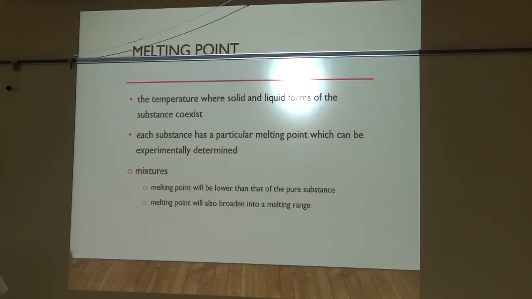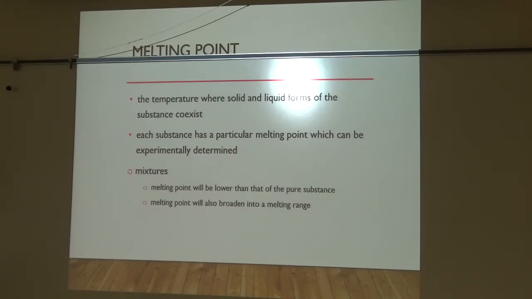As it turns out, the freezing point and the melting point are the same temperature, just approached from different sides. So if we have a mixture of solids, its melting point should be lower than that of either of the pure solids. In addition to lowering the melting point, having an impurity there actually broadens it into what's known as a melting range.